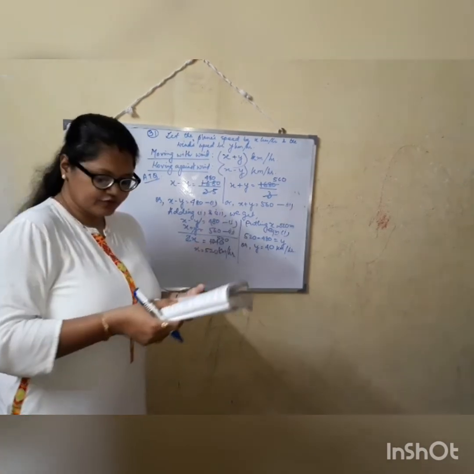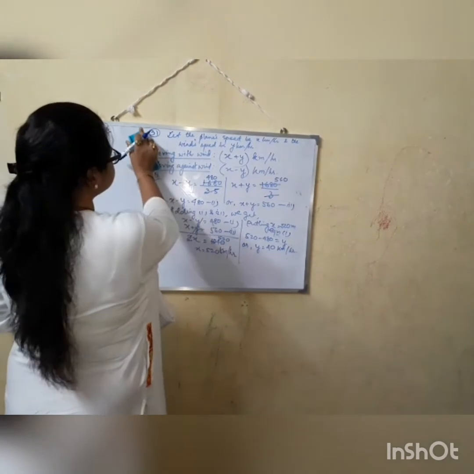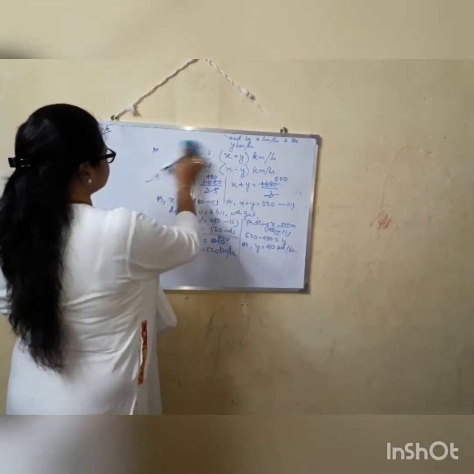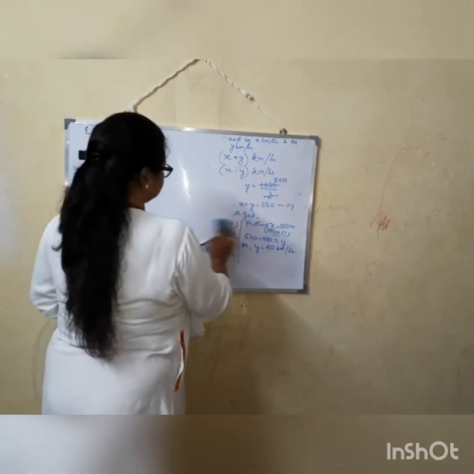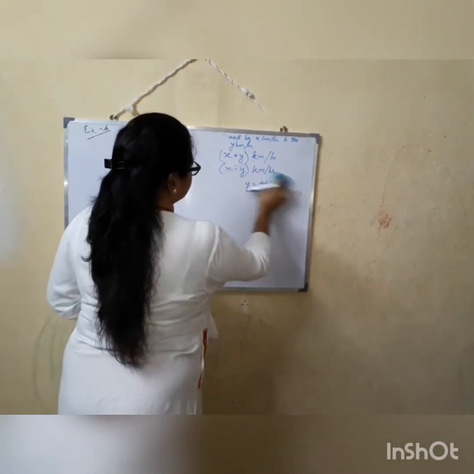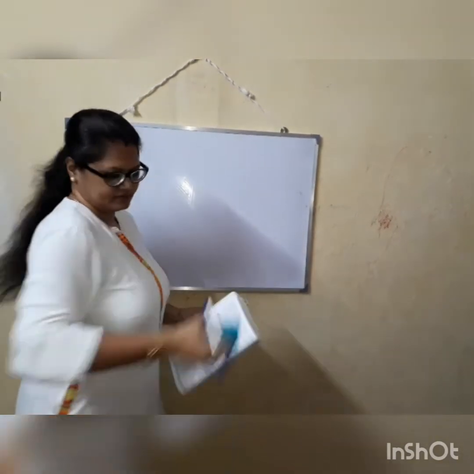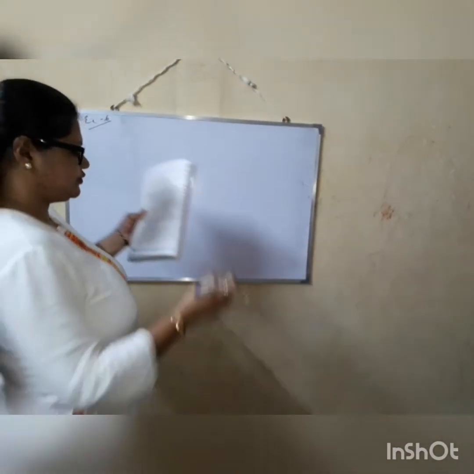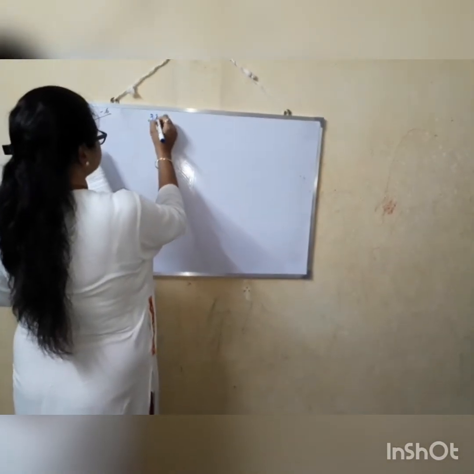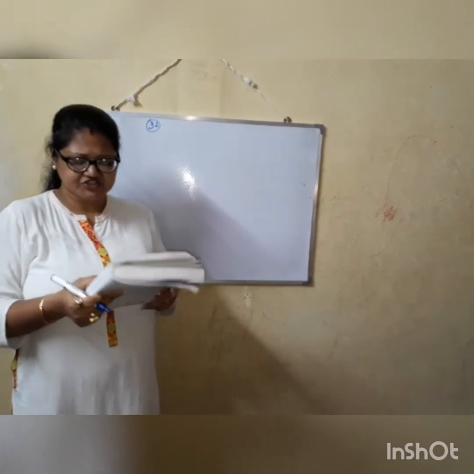Okay, so let's move on to the last sum of this exercise, that is 32. They have said that a part of monthly household charges is fixed.